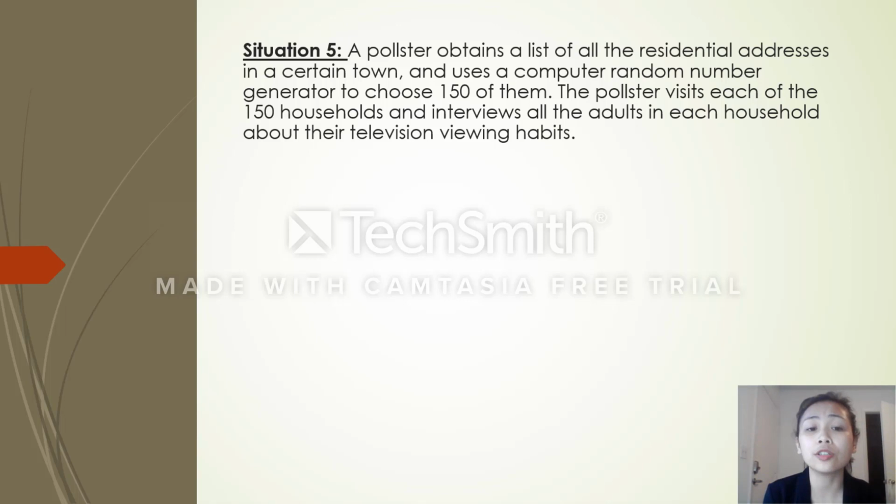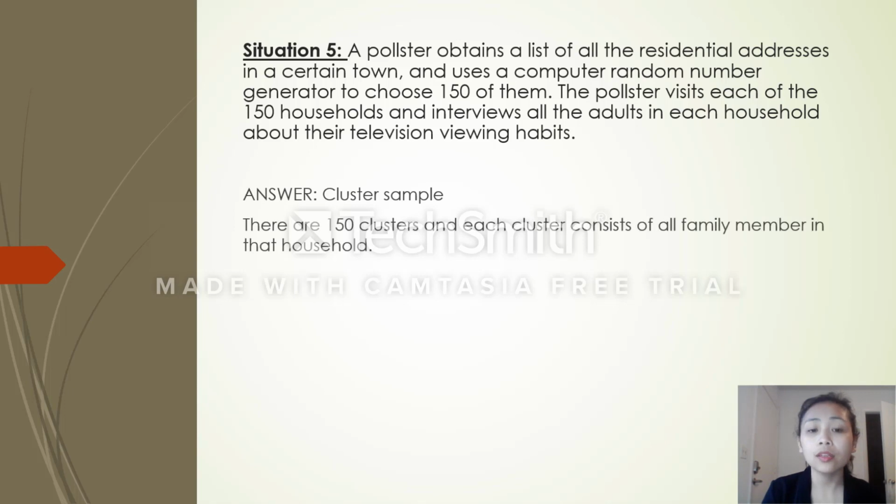And in each cluster, each household, they go and collect the information of all the adults in the household. So this is an example of cluster sampling. There are 150 clusters, and each cluster consists of all the adult family members in that household. So that is situation 5.